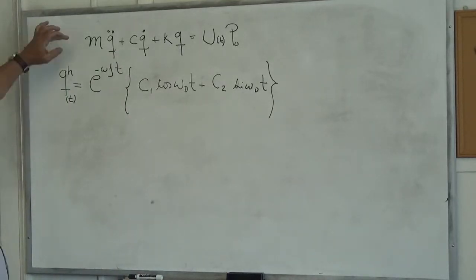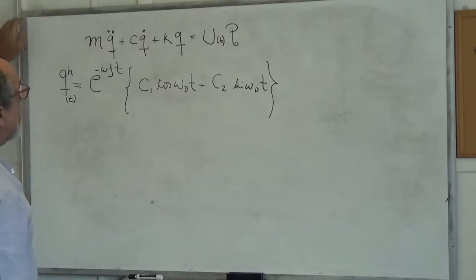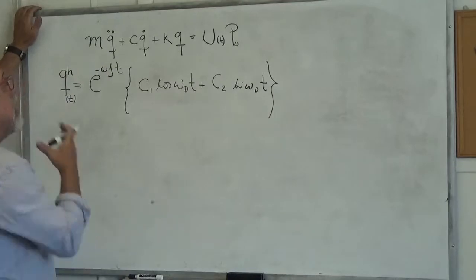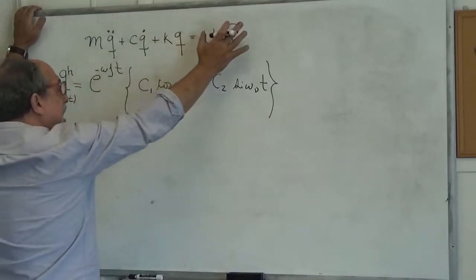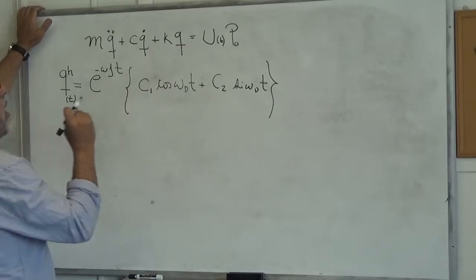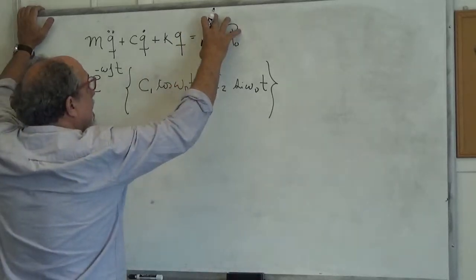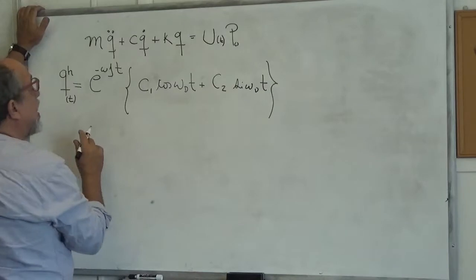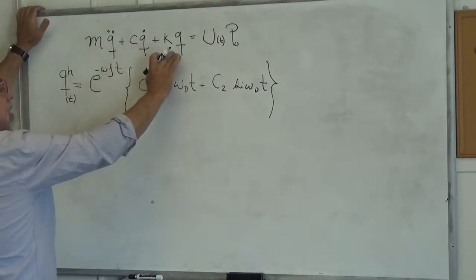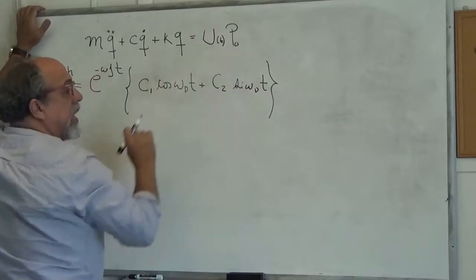Now, let's get back to this equation. If I want to find the solution of a second order differential equation in which the right hand side is not equal to 0, we begin by looking for what we call the particular solution, a solution that when substituted on the left side will equal the right side.